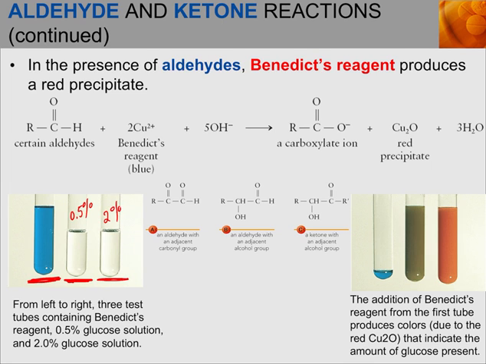So this is 2% glucose. And we already know that Benedict's reagent won't react with a ketone, so we just don't have a ketone as an example here, but you can see on the right-hand side that Benedict's reagent has been added to both test tubes, and they actually have different colors present. So Benedict's reagent is going to produce different colors based on the amount of glucose that's present, or the amount of aldehyde that's present. But again, if you had a ketone, there wouldn't be a reaction.